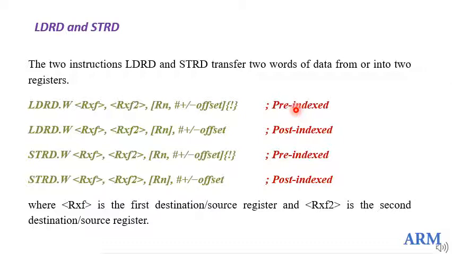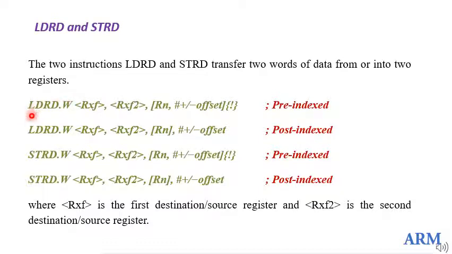That means first the memory address is computed, and then from this computed address the data will be transferred to these registers. LDRD.W corresponds to load double word from the memory, and .W accounts for the 32-bit instruction from the Thumb-2 set.